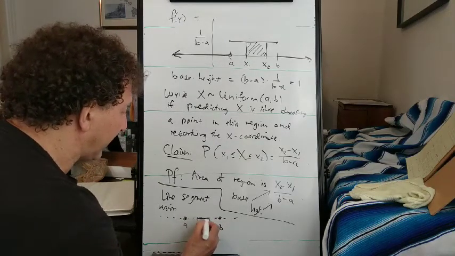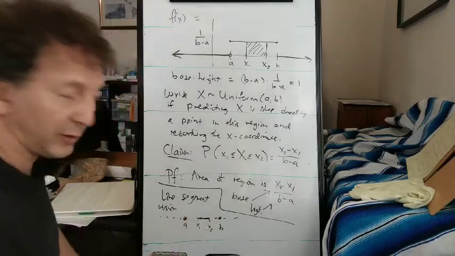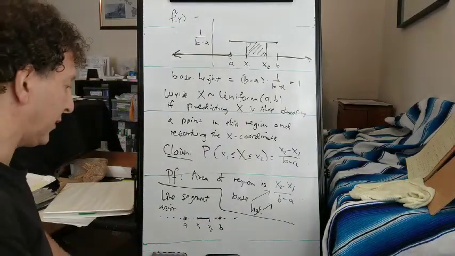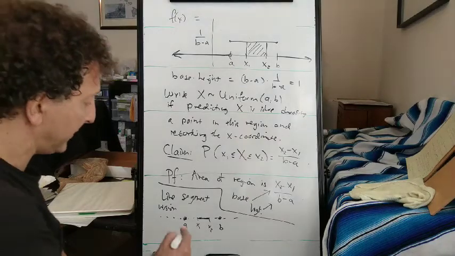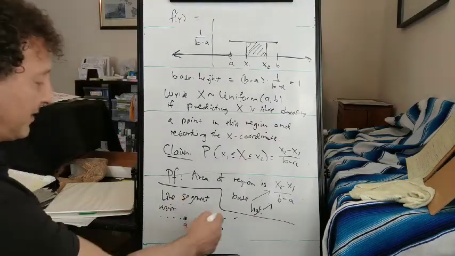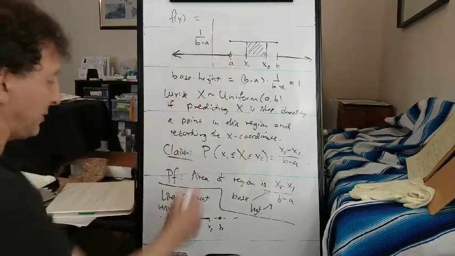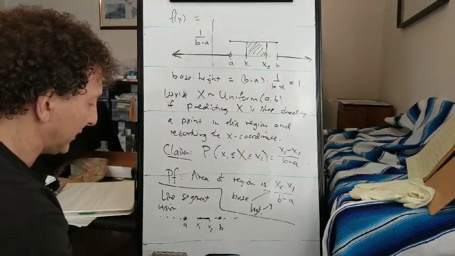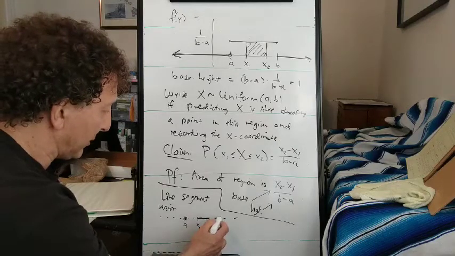So we could call that this length divided by the whole length. The whole length is 1, so it's really just the length of the segment from x1 to x2. Well, to make this whole segment 1, we need to have a height of b minus a. So it's length of this segment, x2 minus x1, over length of the whole segment, b minus a.